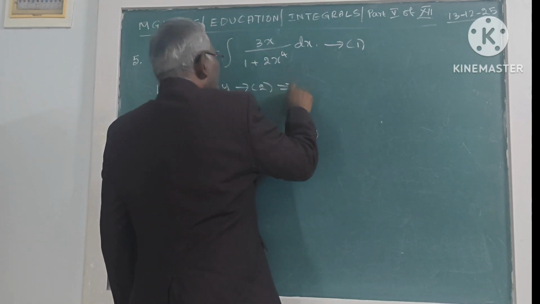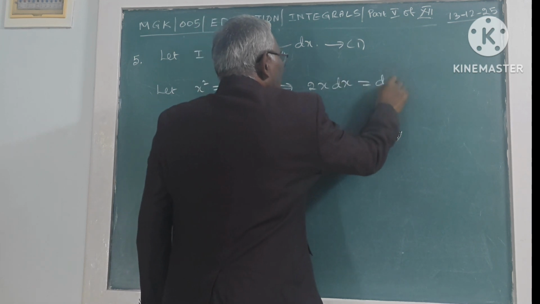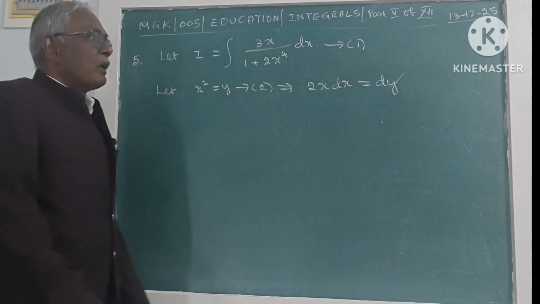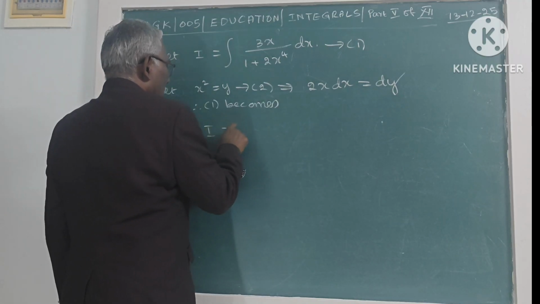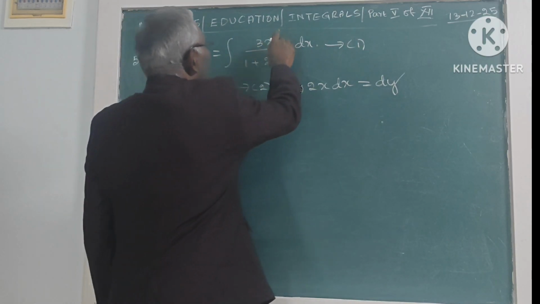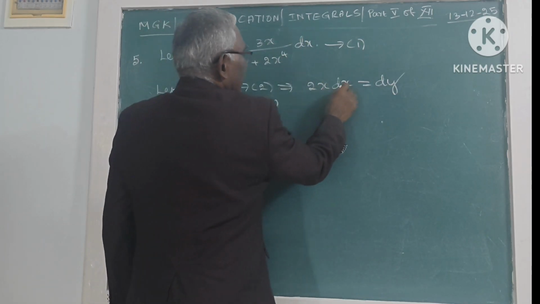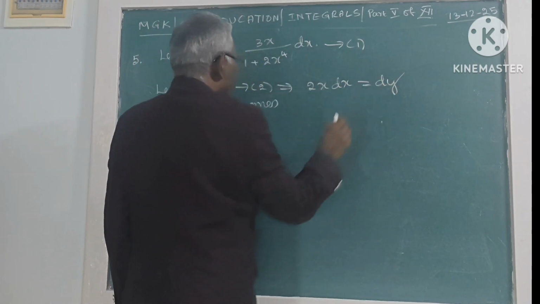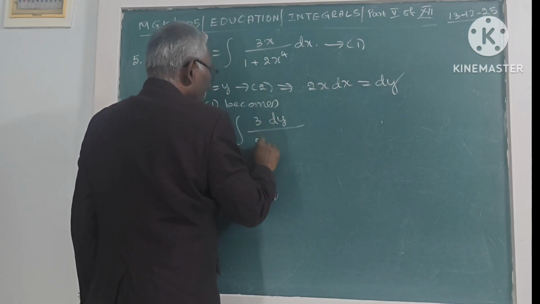So this gives 2x dx becomes dy. Therefore the integral becomes 3 times, what is x dx? x dx is dy by 2. So this is dy by 2.